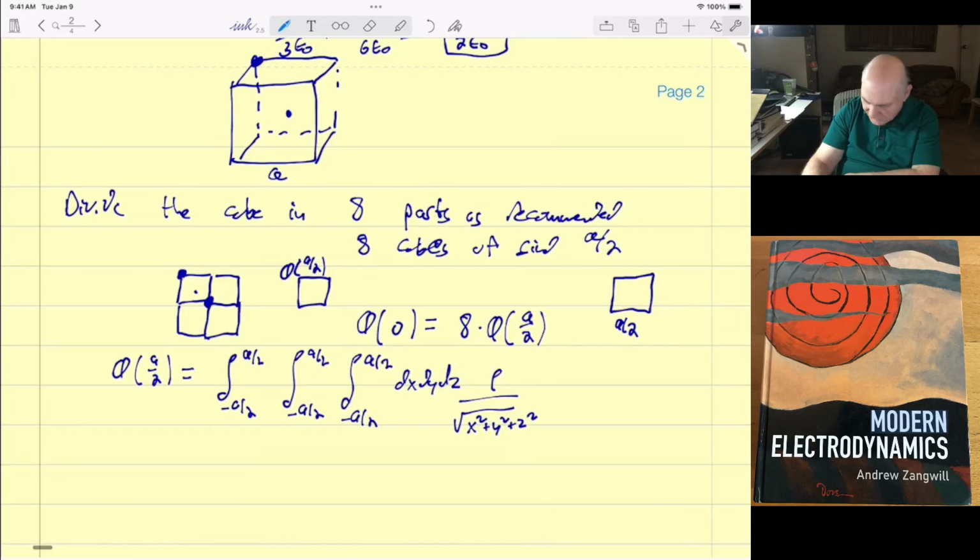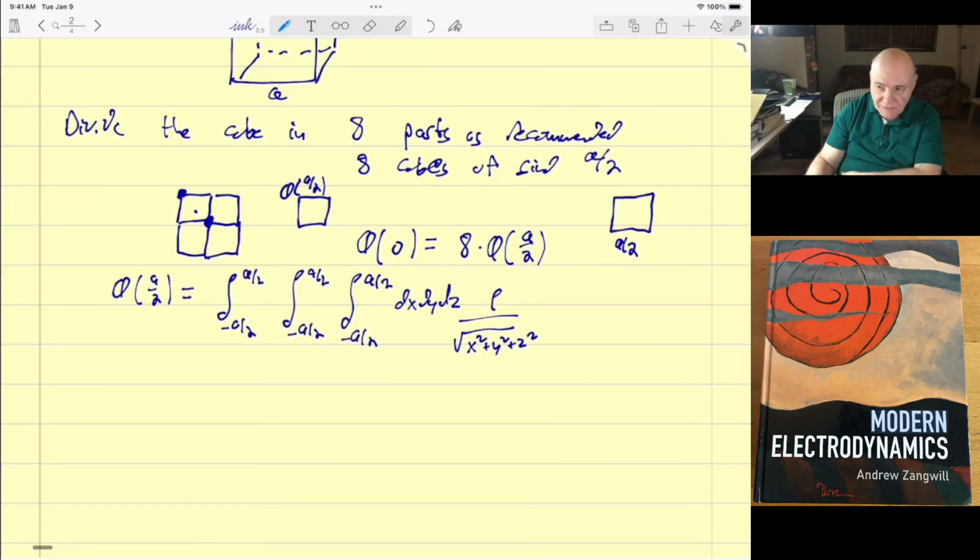So I'm just going to integrate. Let me see if I got that right. Phi of A over 2. Yeah, so imagine we have a coordinate system which goes from minus to plus.